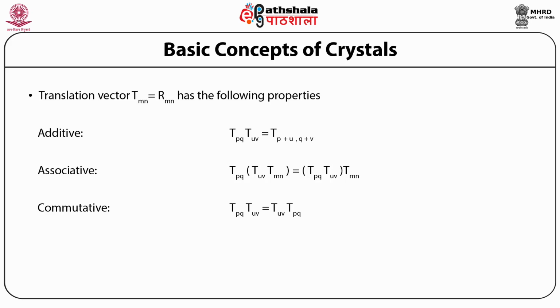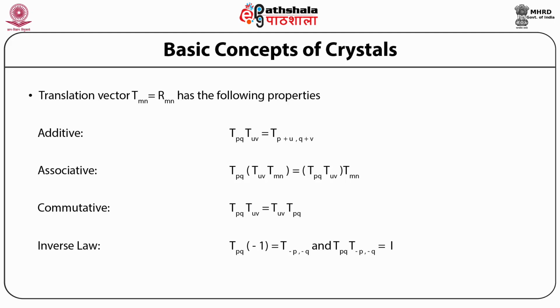And then the last is the inverse law, which tells you that if you perform a lattice translation operation TPQ, and then you invert the coordinates, I mean you make these coordinates negative, it will be equivalent to performing the operation T minus p minus q.